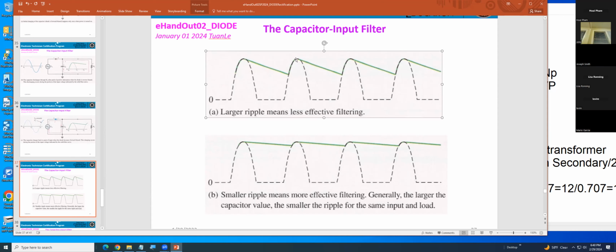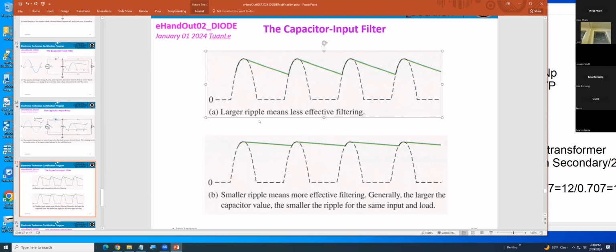Then they charge up, they discharge. That's what they call a ripple. Again, ripple means the noise. Okay? They want the DC voltage here. They don't want it to keep going up and down. This is an unwanted signal. That means the noise.